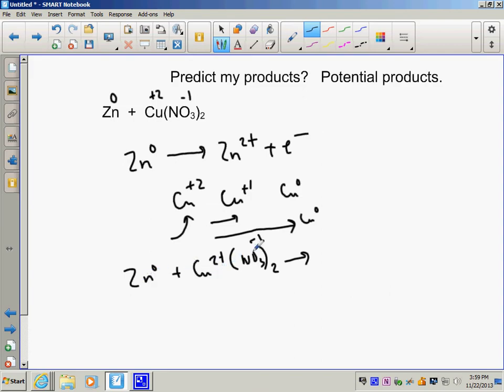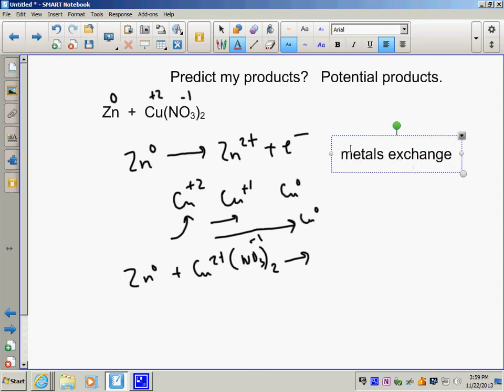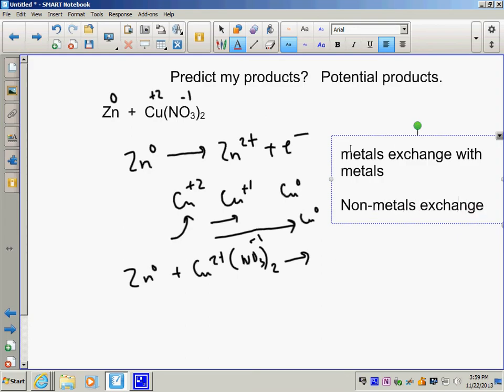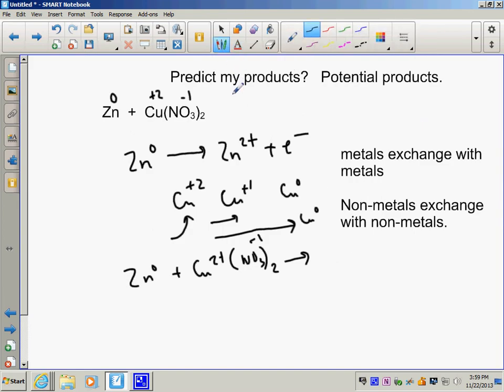And that's a pretty common idea here, that metals exchange with metals and non-metals exchange with non-metals. And this is just one example. You would need to practice this to get proficient at it and to really feel like you understand what you're doing.